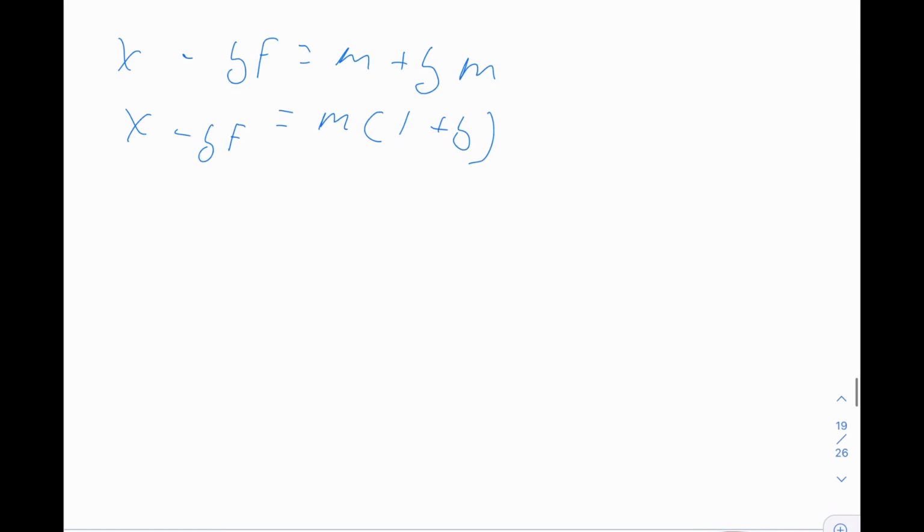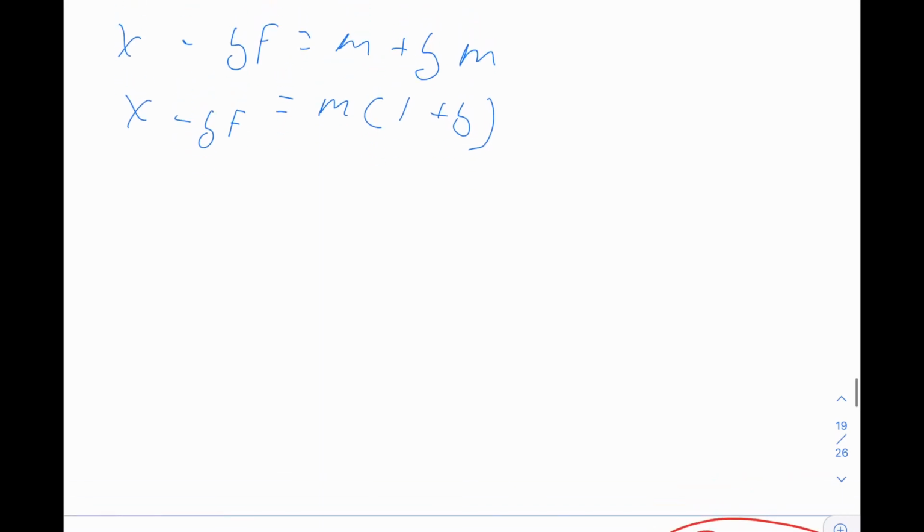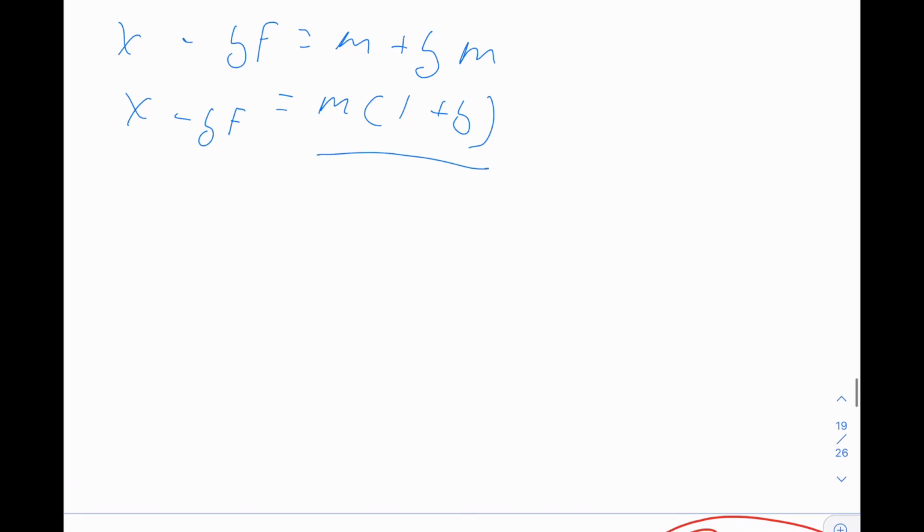But now you can see that it's very easy to just get m at this point, because m is being multiplied by 1 plus y, so you'll divide both sides by 1 plus y. And you have to remember that we were not looking for a number, so you don't keep going.